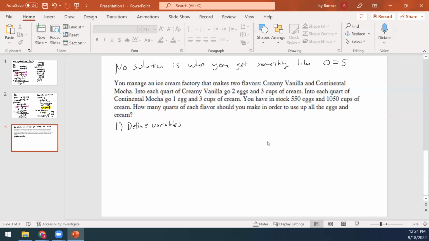Cups are not going to be your variable because you know how many cups of cream you need and how many cups of cream you have, right? So my variables are going to be x, the quarts of vanilla, and then y is going to be the quarts of mocha. Okay, does everyone see that?